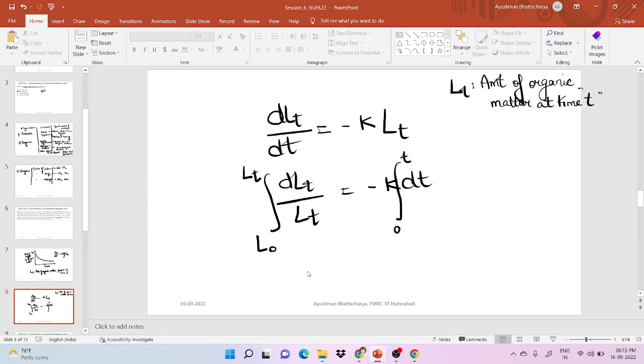So we will get log base e Lt minus log base e L naught is equal to kt plus c.